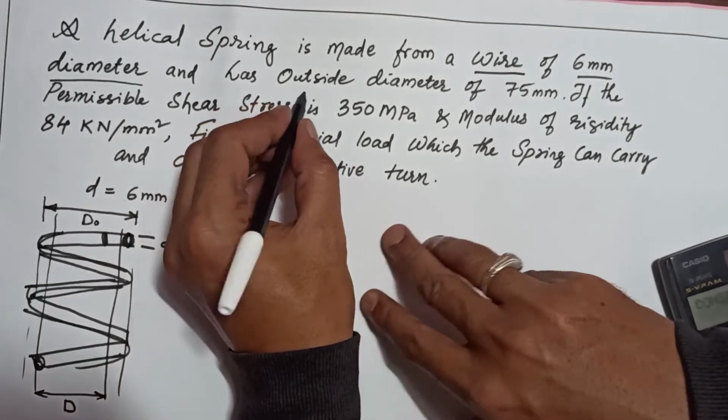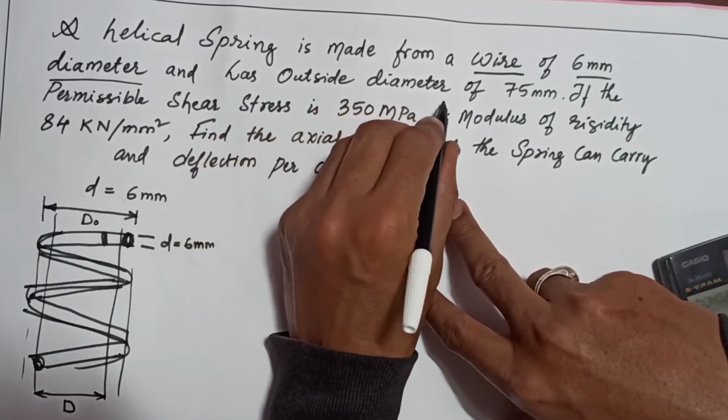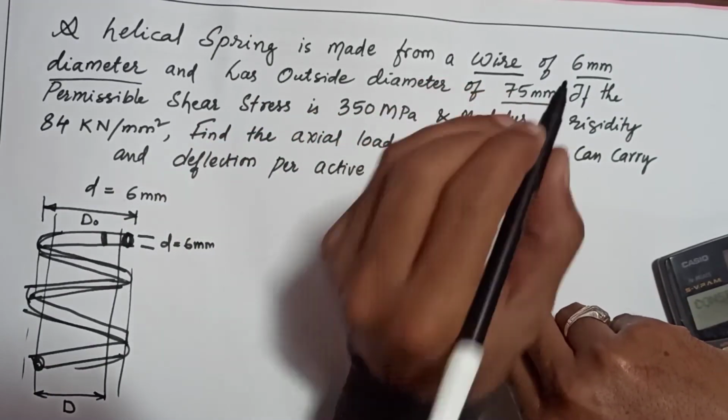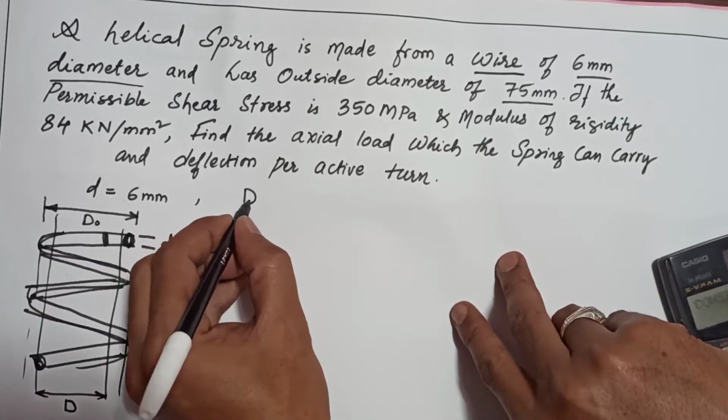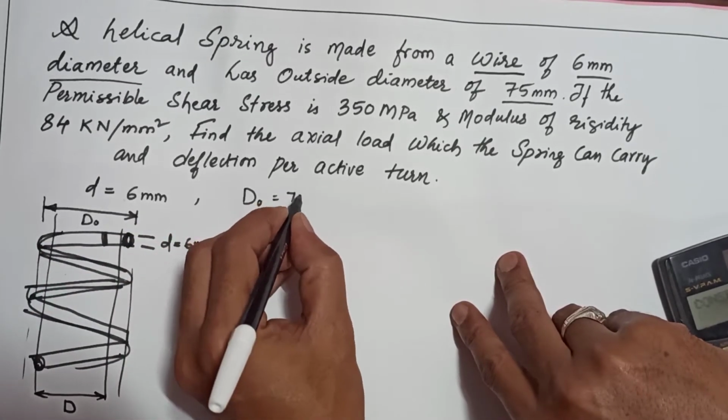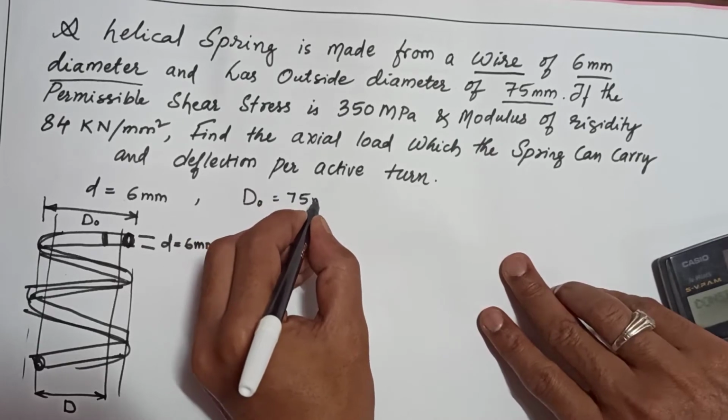But in the question they have given the outside diameter as 75 millimeter. It means D naught they have mentioned.